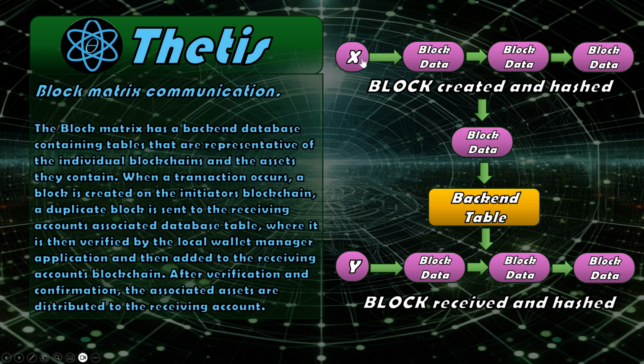So I send over this block data, and the backend table receives that block data. Y's blockchain now goes and queries for this, requisitions it, and gets it back, and then adds the duplicate block to its blockchain. So here's the block received, here's the block created and hashed.